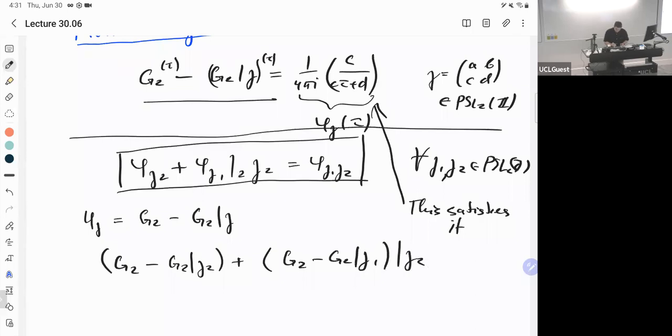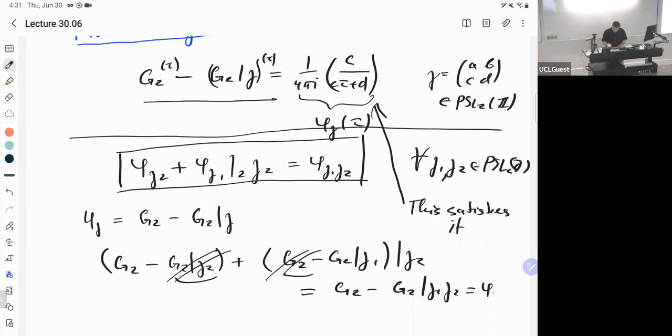I'm omitting this index too because it doesn't really play any role. And then you see that this term appears here and it appears here, so they actually cancel out. And then you're left with G2 minus G2 acted on by gamma 1 gamma 2.